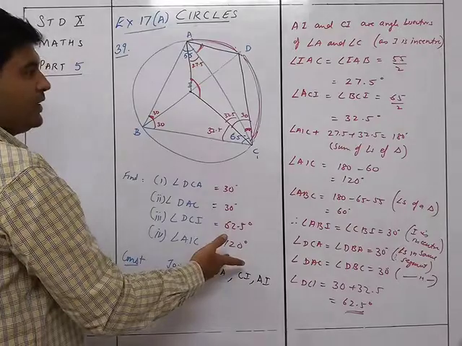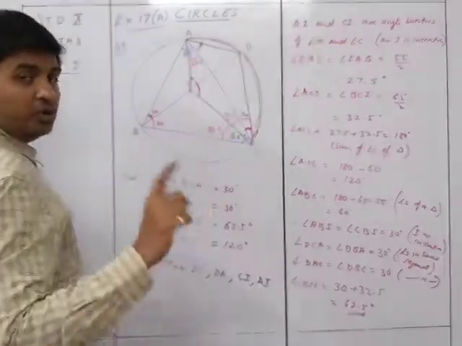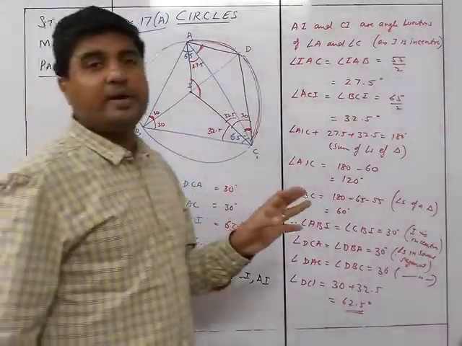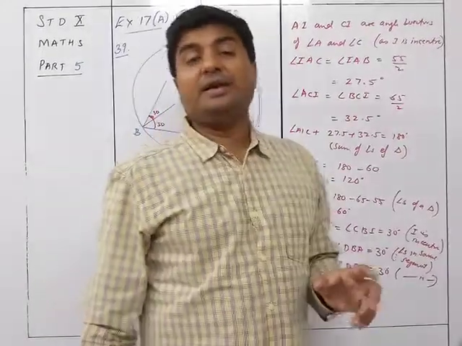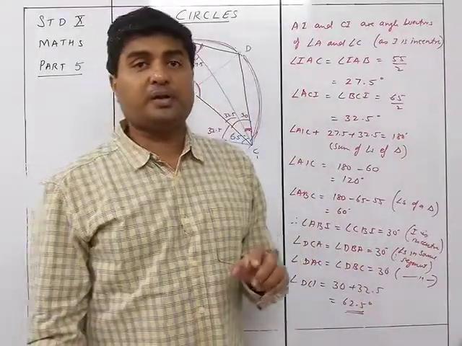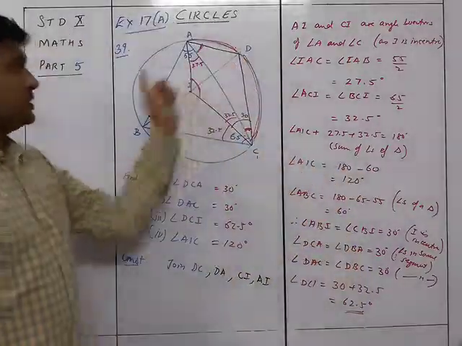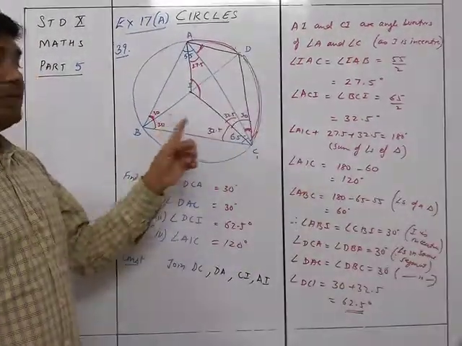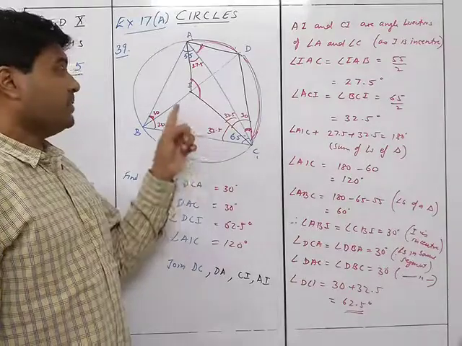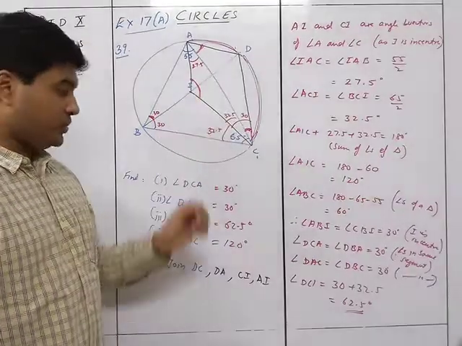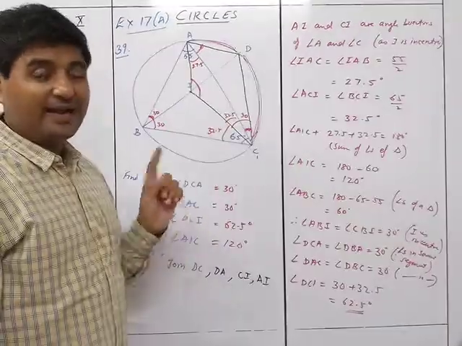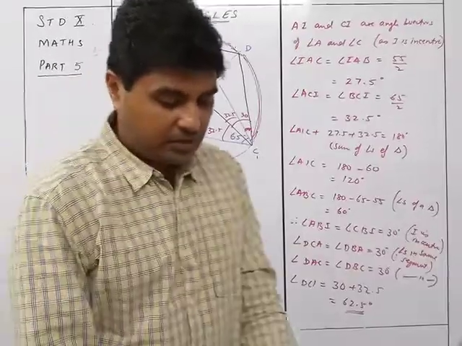Fortunately over here this is 120, but otherwise you cannot use this thing. When you use that you are going to get it wrong. So be sure that when you are using this, you are not taking that as the reason for this particular thing.